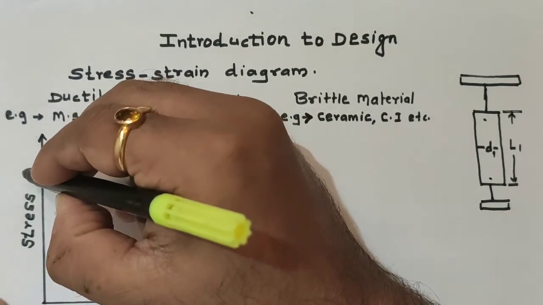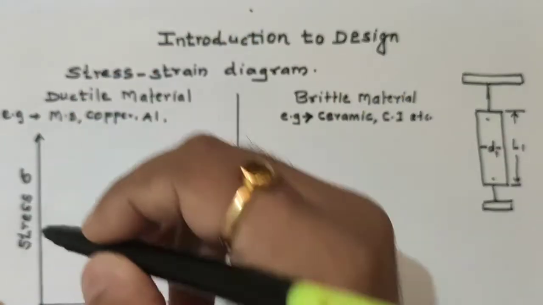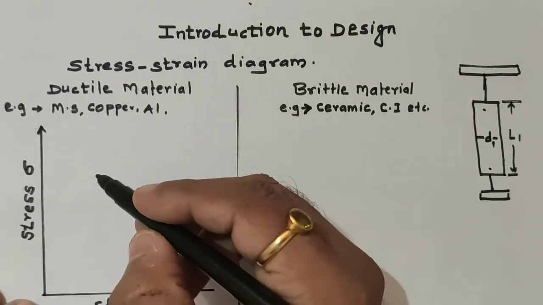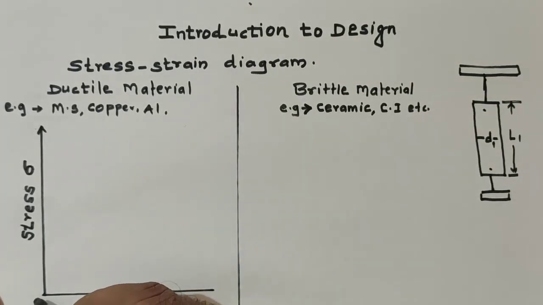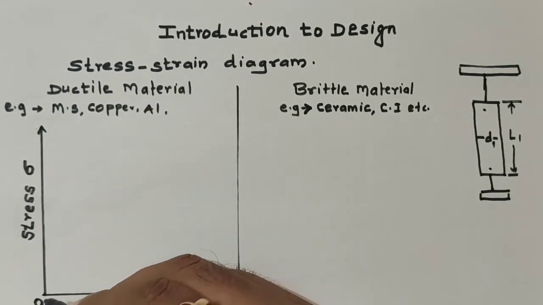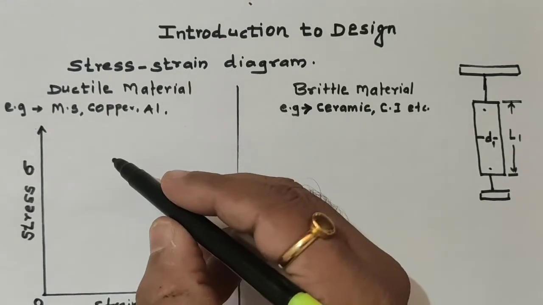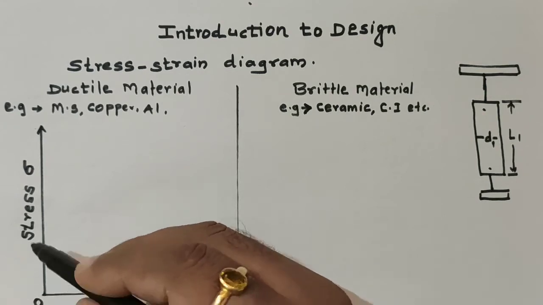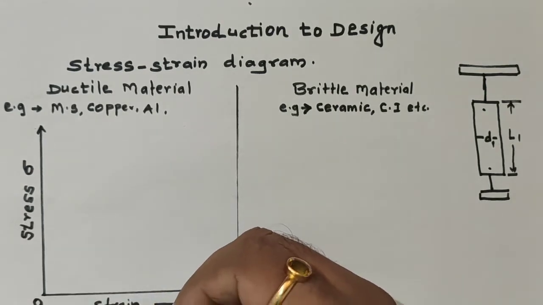Stress is denoted by sigma, and strain by epsilon. Now in the stress strain diagram, initially the load is applied and we observe that the stress is directly proportional to strain.